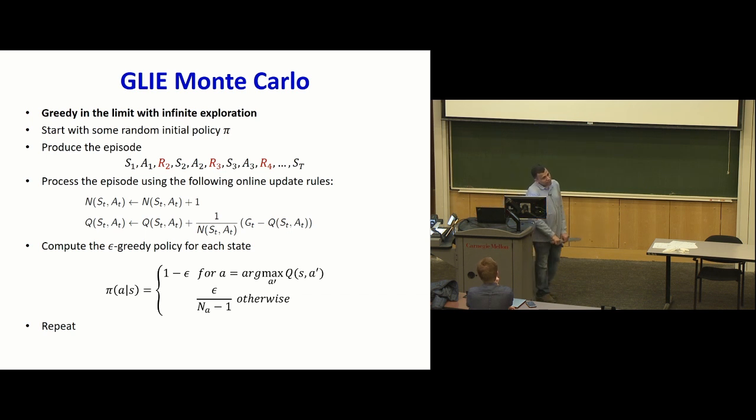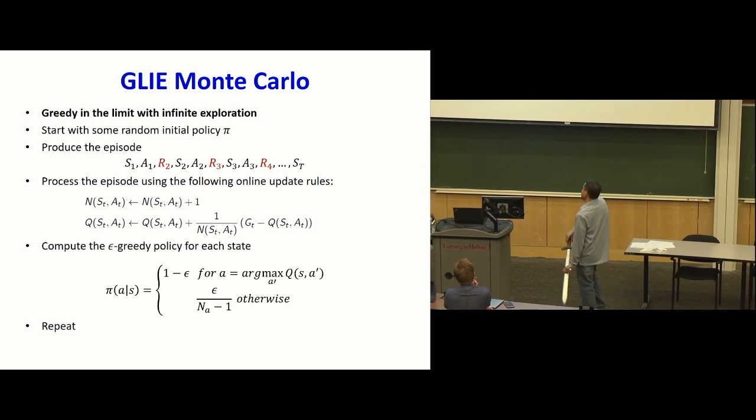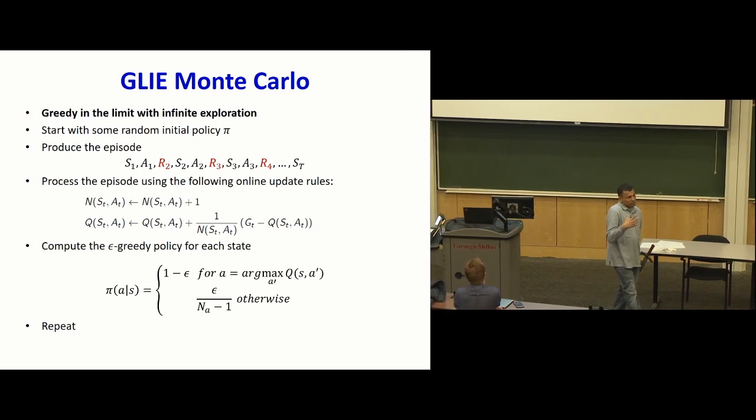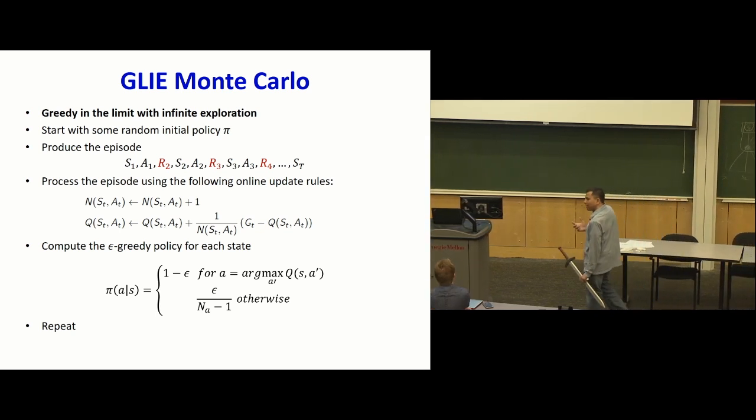And that gave rise to the algorithm we called GLIE Monte Carlo, where you produce an episode, you just run through the system, and then having run through the system, you use TD learning to compute the action value function for every state action pair.